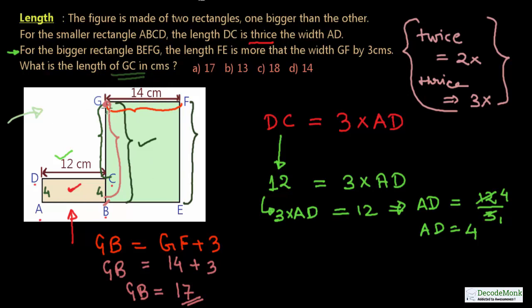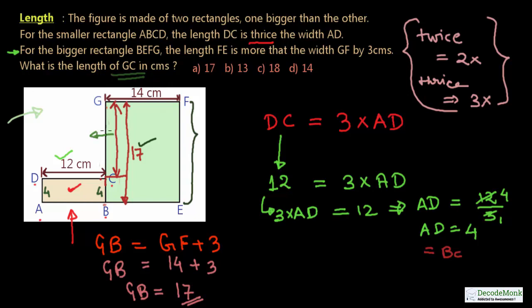So let me rub some of the portion over here to make the things clearer. So till now what we have found is that this GB is equal to 17 centimeters and AD, which is also equal to BC, is 4 centimeters. So how much will this be equal to? I hope you have figured that out.